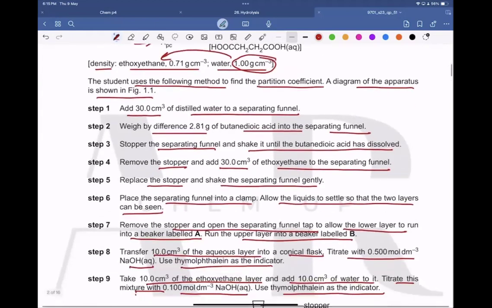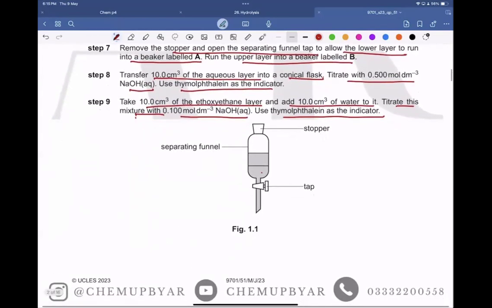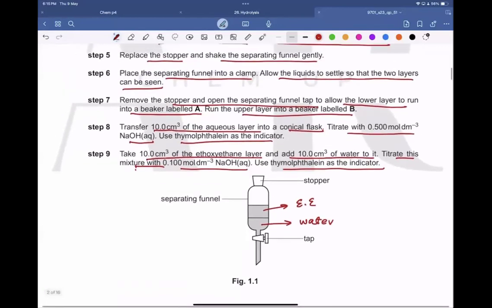So if water has a greater density than ethoxyethane, then it means this lower layer is of water and this one is of ethoxyethane. So the first we collected the solution in a beaker, we labeled it A. So this one is going to be labeled A and this one is going to be labeled B. Is this understandable to all of you?